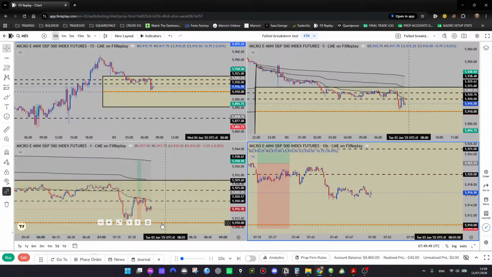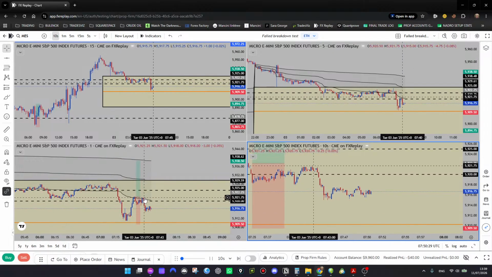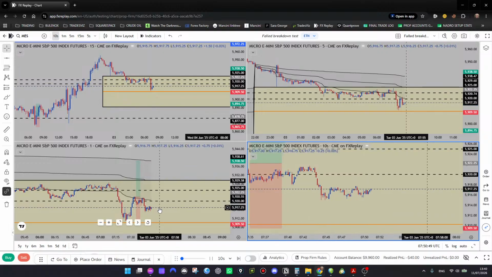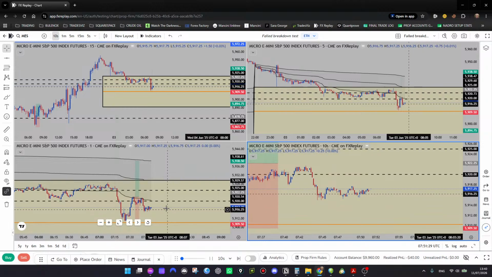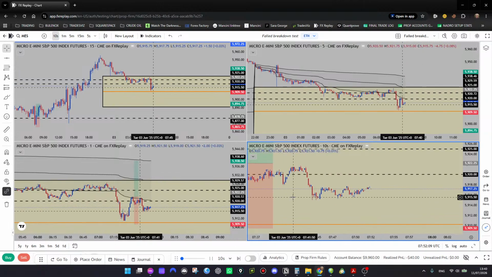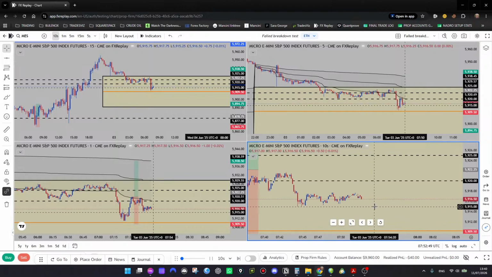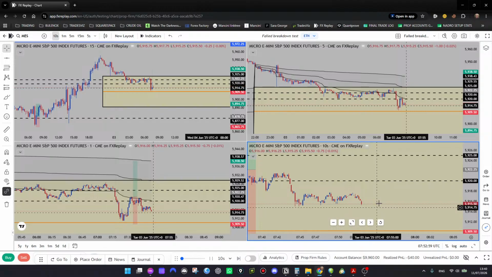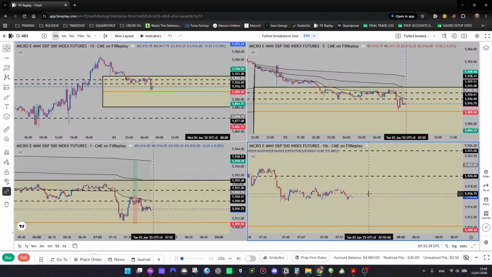So we see price hasn't actually reclaimed the level. It just went to the DVA low and rejected it. So let's see now. DVA low is coming right at the level now. Let's see. Don't forget also we're in the ETH, so volatility is very low.